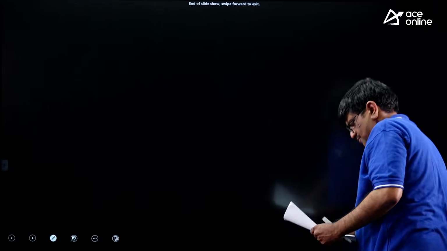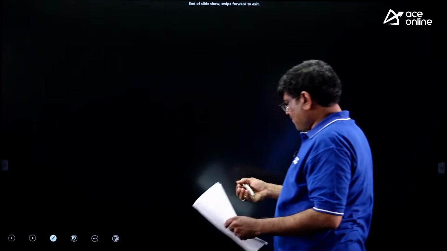Last question. They given a block diagram.